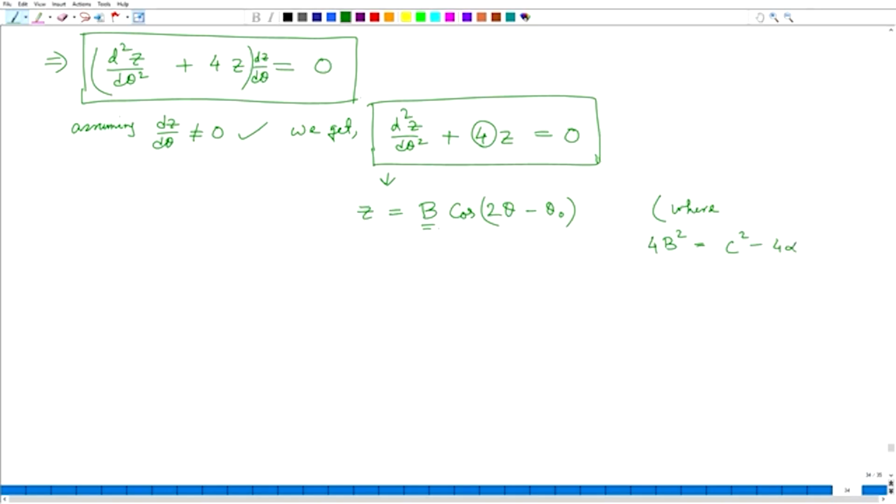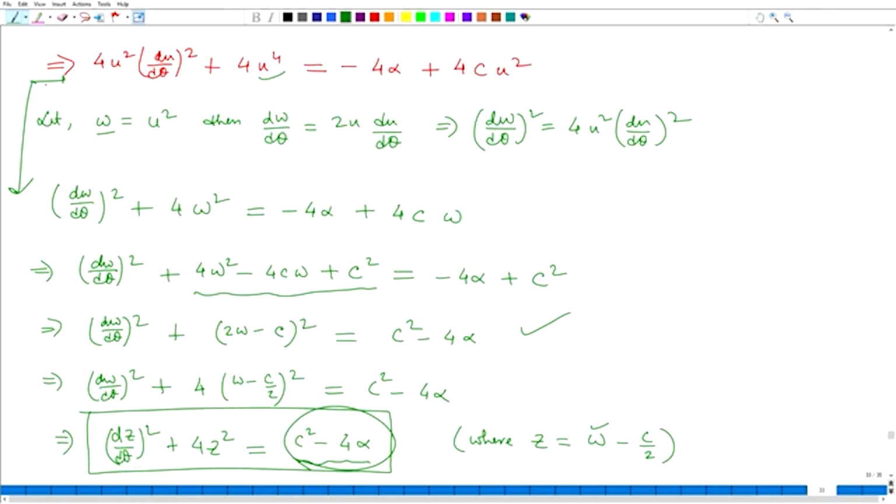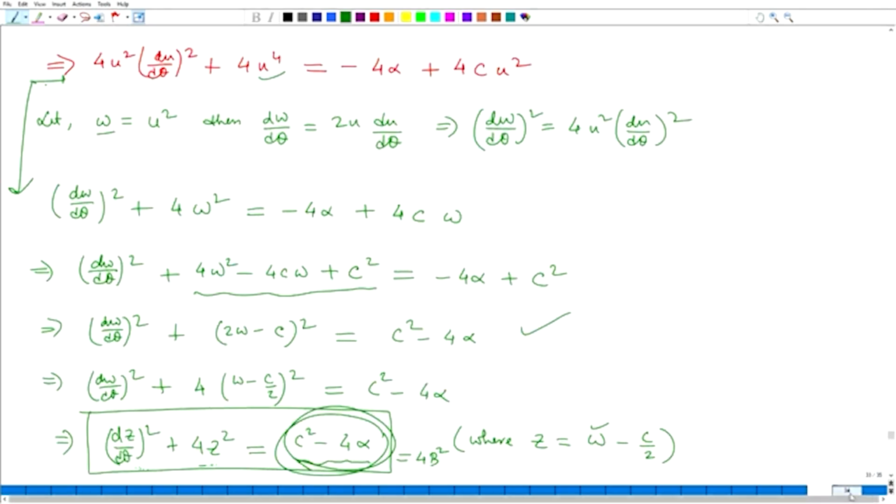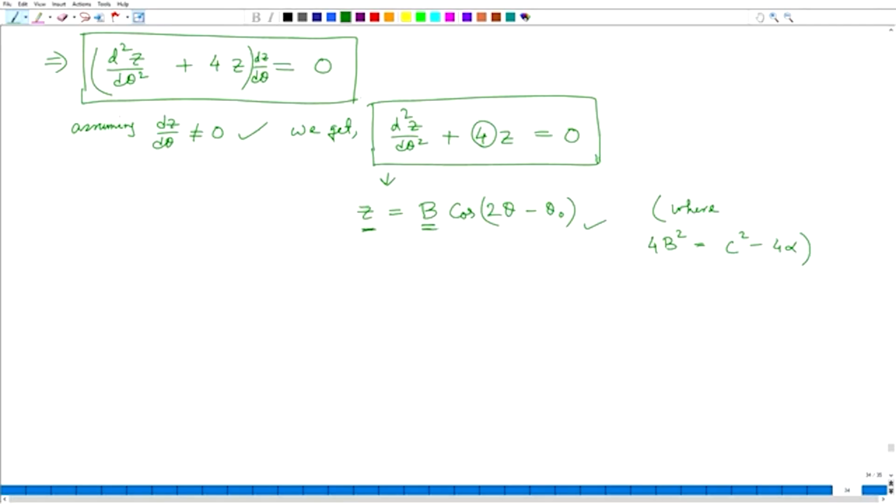If you have this relation, then you will easily see that if you take this trial solution for z and put it over here and here, you will have this equal to 4b², and from that you can have this typical form, which is z = b cos(2θ − θ0).